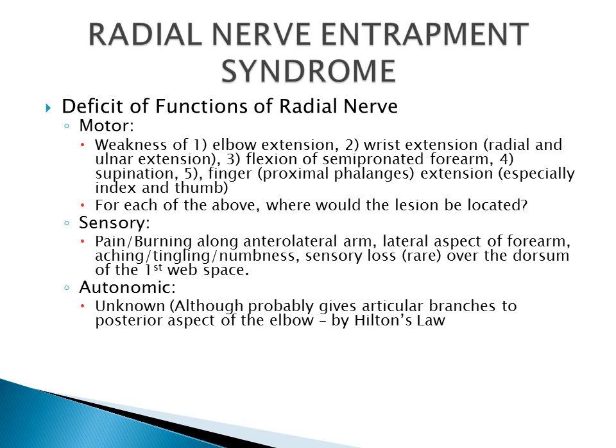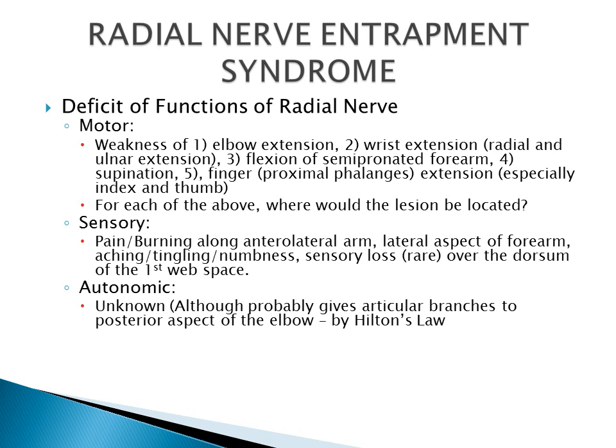We're going to have weakness in resisted supination. Now, there are two muscles that supinate the forearm. One is the biceps. That's served by the musculocutaneous nerve. So forearm supination will be preserved, but due to loss of function of the supinator muscle, which is served by the radial nerve, forearm supination would be weakened.